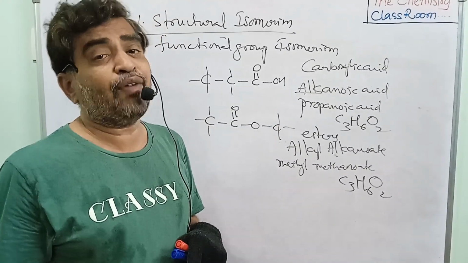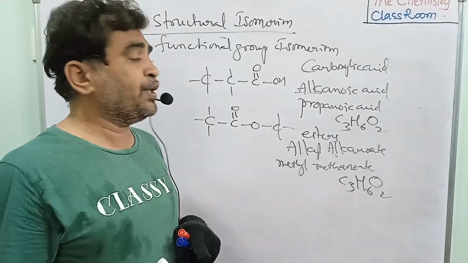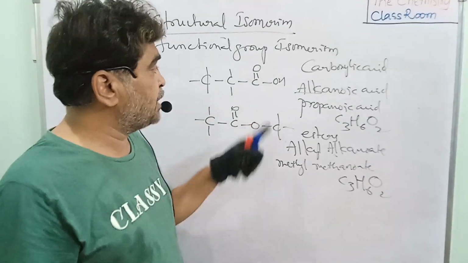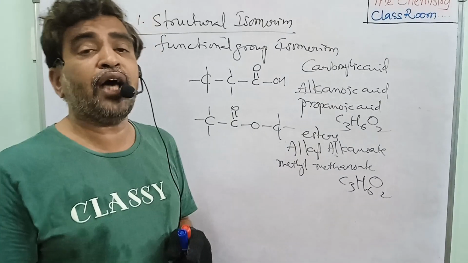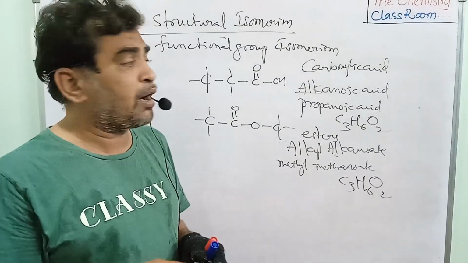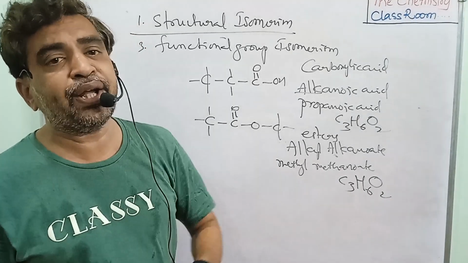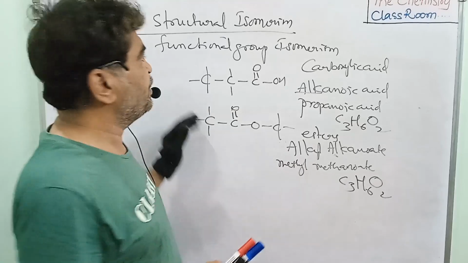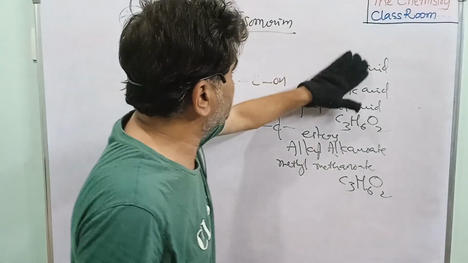That's why they are called functional group isomerism. So here the alcohols and ethers, aldehydes and ketones, and acids and esters belong to functional group isomerism. That is your third isomerism.